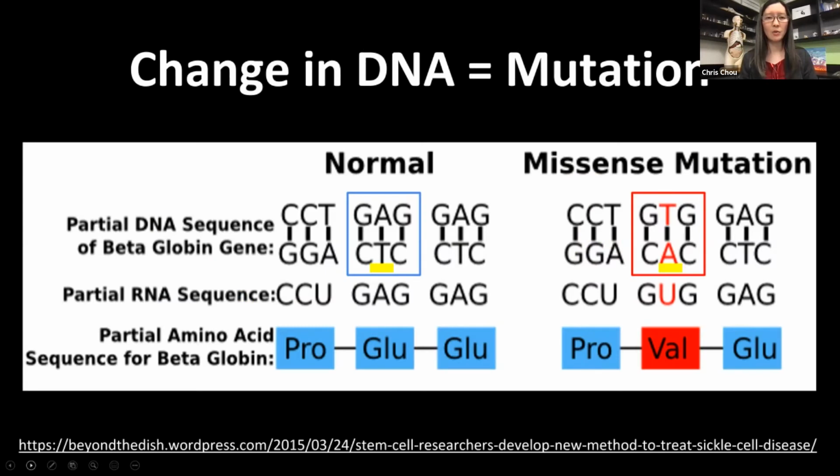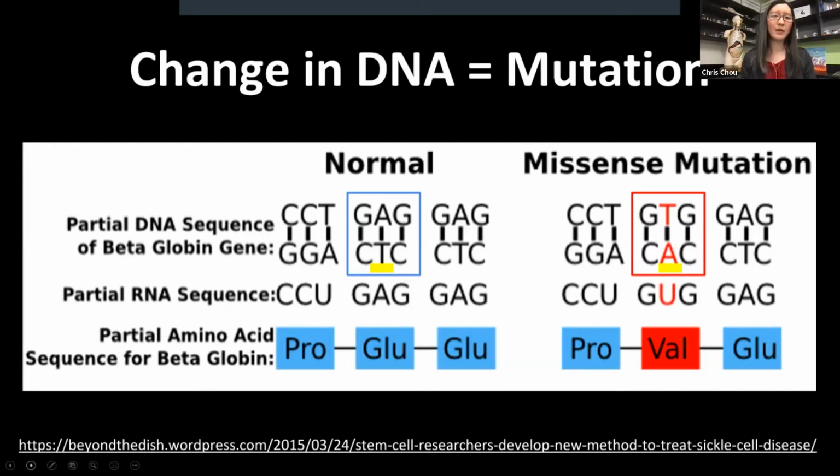And you can see the difference in that yellow highlighted area: in the normal variation of the HBB gene, you have a T, and in the mutant version, you have an A in that location. So that means in transcription, instead of getting GAG, you get a GUG, where in translation, you end up having, instead of glutamic acid, valine.